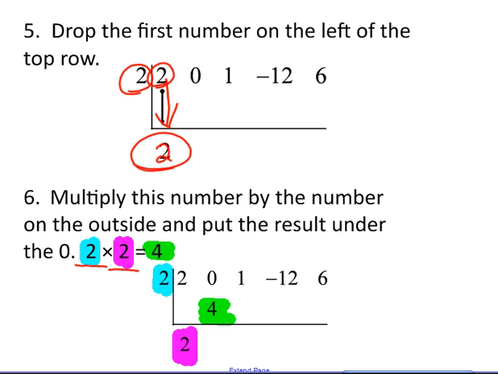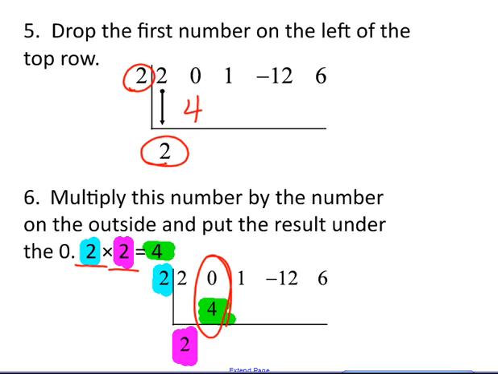I'm going to take that 4 and write it underneath the 0. Now I'm going to take these numbers and add them together. 0 plus 4 is 4. I'm going to write it underneath.